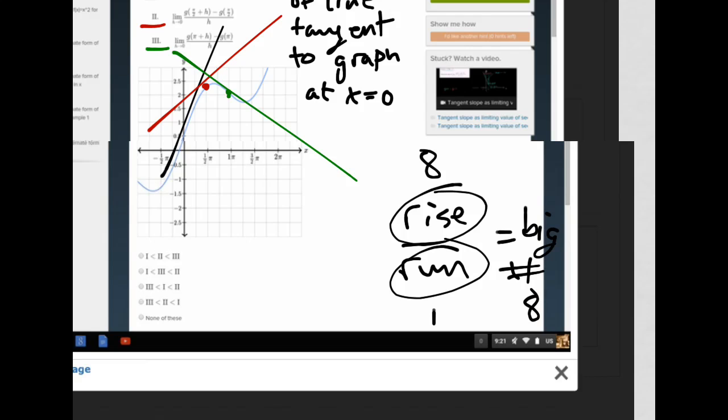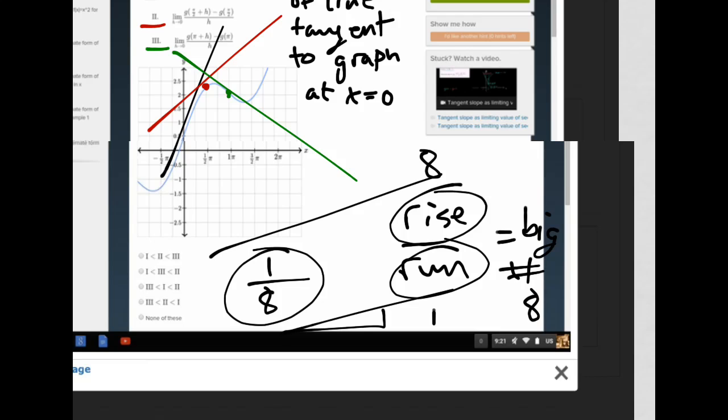That's a pretty steep slope. The higher the slope number, the steeper it is. If you had a really small rise, like 1, and a really big run, like 8, then for every 8 units to the right that you go, you only go up 1. So it's not as steep of a slope. These slopes are closer to 0, but they're still positive, so they would be going upwards from left to right.